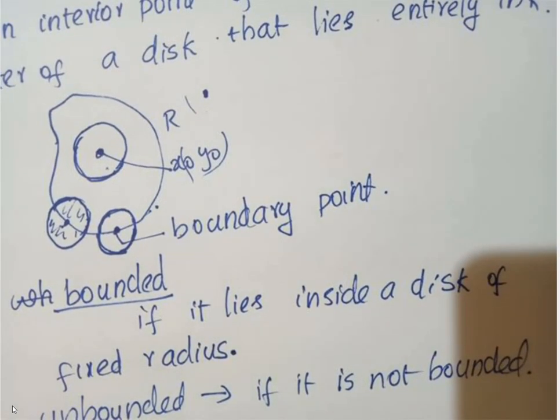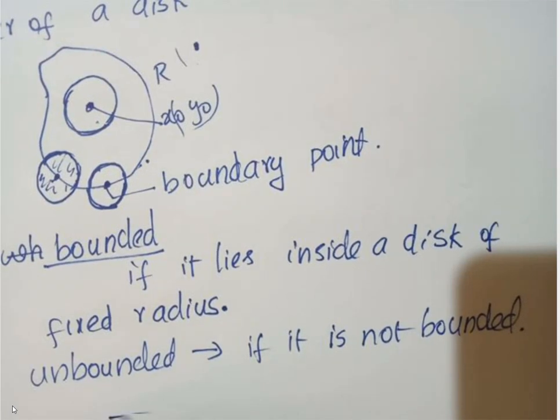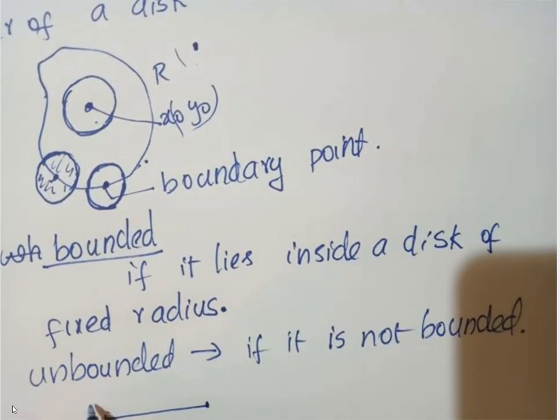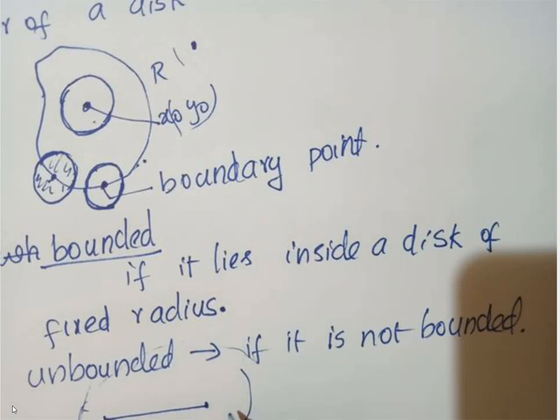Right? This is a line segment. You can find a disk, with a fixed radius, such that this line segment is inside the disk.